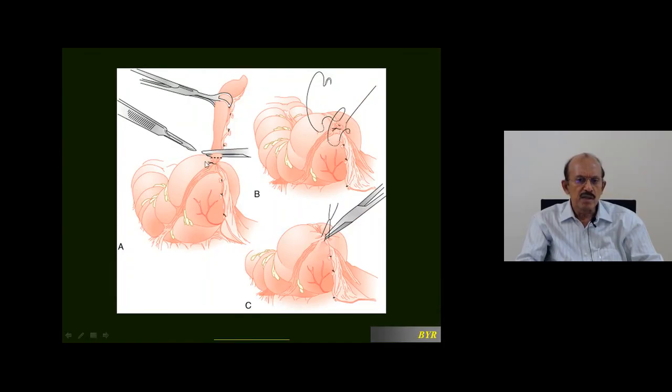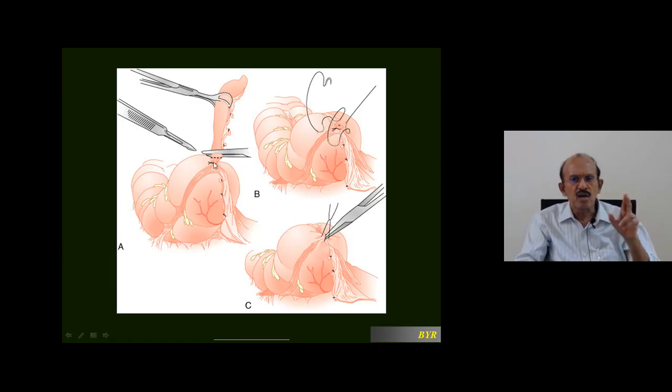Then you take your artery forceps and place it here and crush the base of the appendix. Take it away and place it a little 2 centimeters away from this place and hold it there. Where you first caught it with the artery forceps, there will be crushing of the appendicular base.